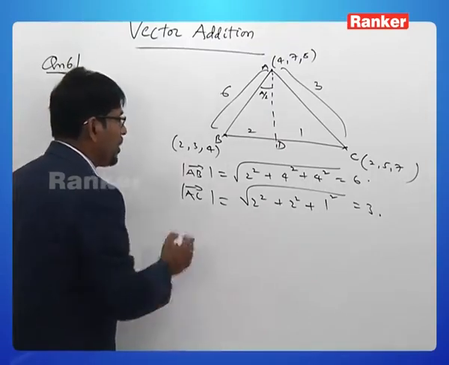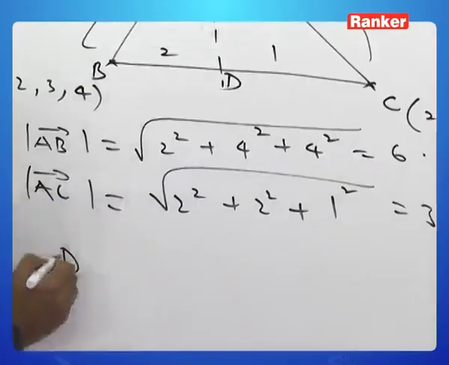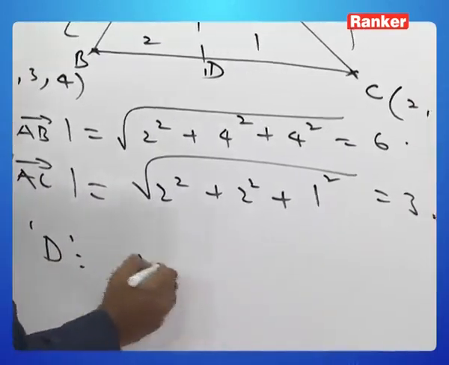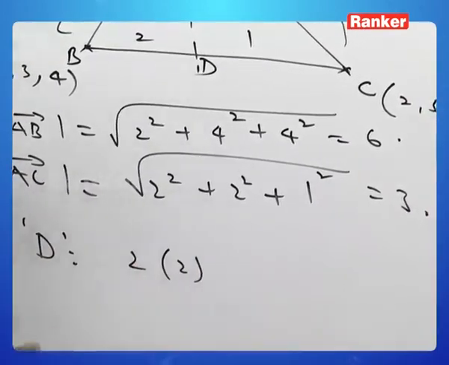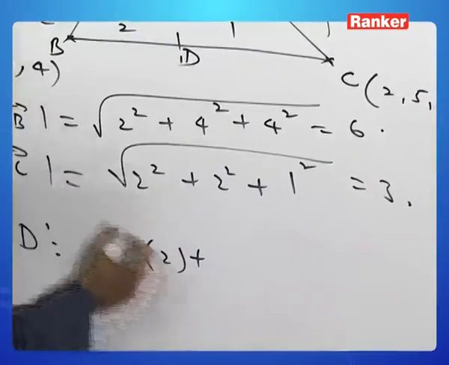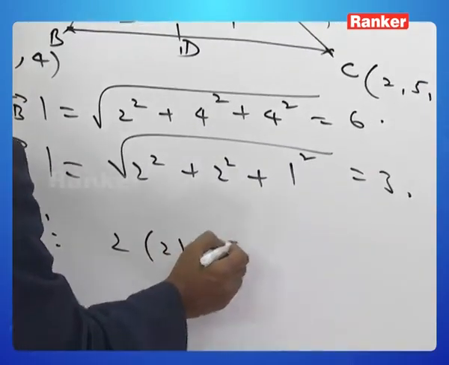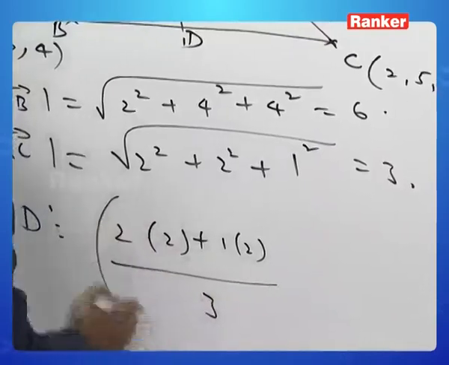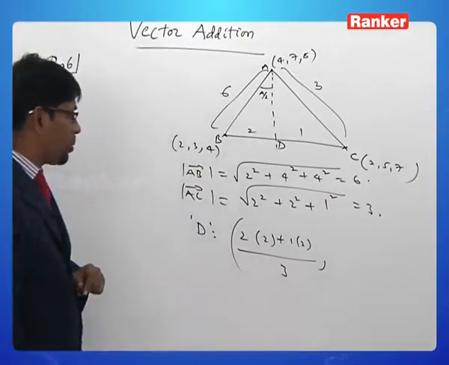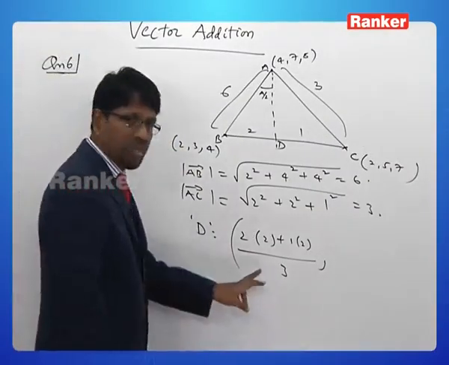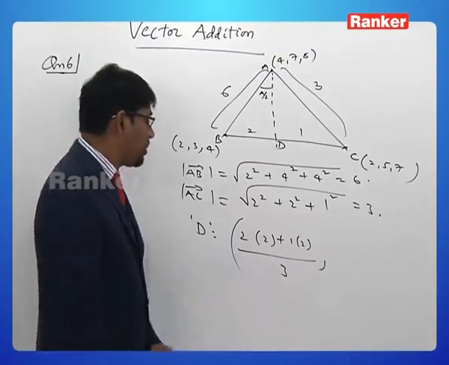So what do we have here? The position vector of D: 2 into 2 plus 1 into 2 by 3, that is 4 plus 2, 6, 6 by 3, that's 2.